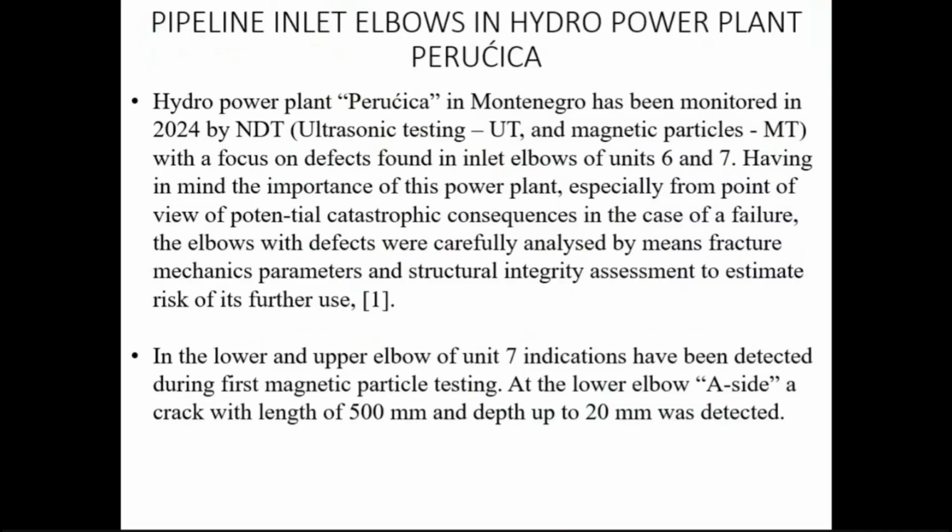I already said some words about what we are dealing with in this presentation. So just to give more information, it is about hydropower plant Peručica in Montenegro, where there were some unacceptable defects in so-called inlet elbows, units 6 and 7.